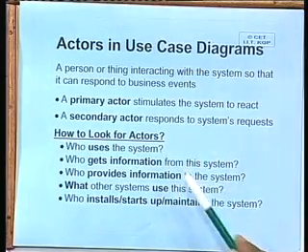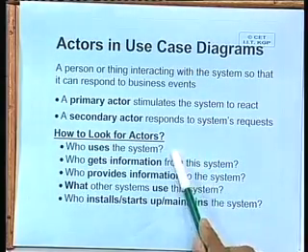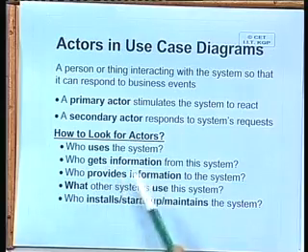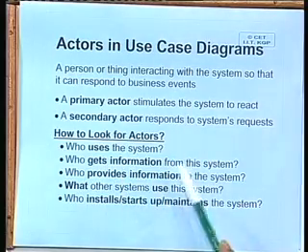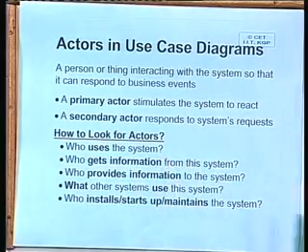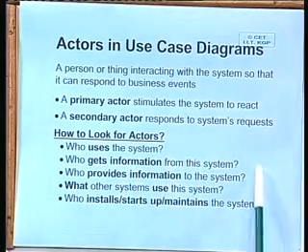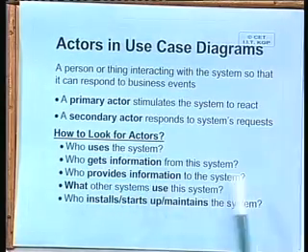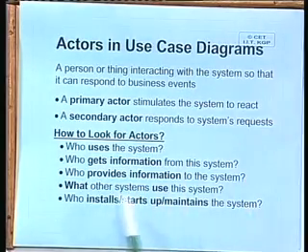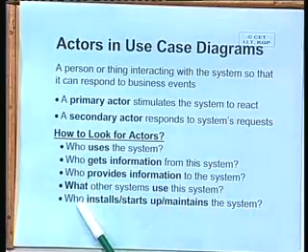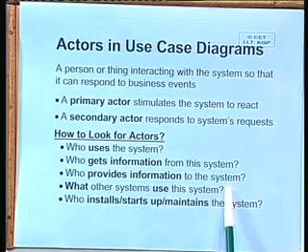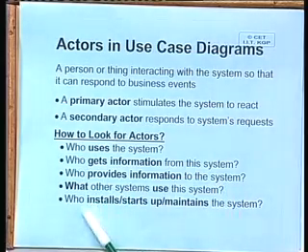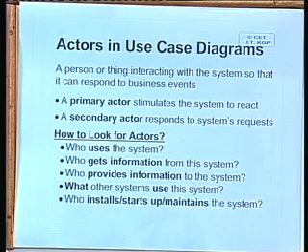An actor is who uses the system, who gets information from the system, who provides information to the system. Now this answers maybe some of your question. Then this who part is over. What other systems use this system? I'll give one example. Who installs, starts up or maintains the system? All these will be part of what is known as actors.